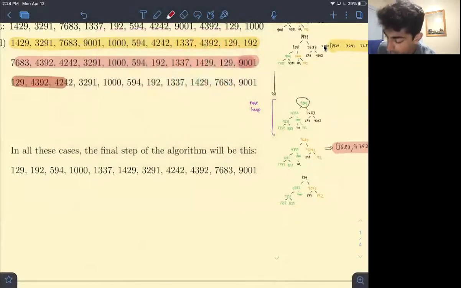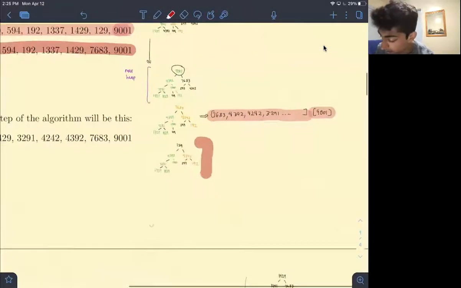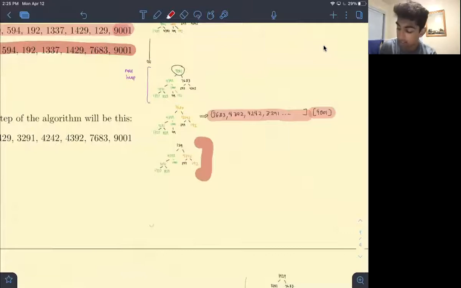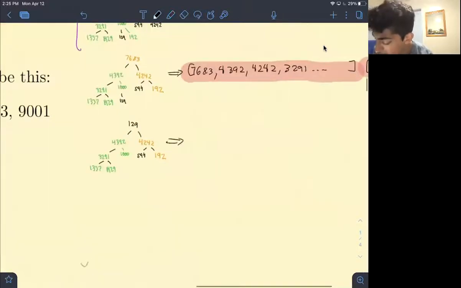Okay, so if we look at this state, we'll notice that it's the exact same as this current state of the heap with 7683 and 9001 tacked on at the end, right? So more rigorously, if we look at this heap, we can see it goes 1, 2, 9, 4, 3, 9, 2, 4, 2, 4, 2, and so on.